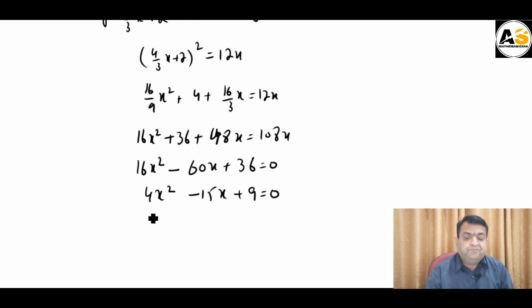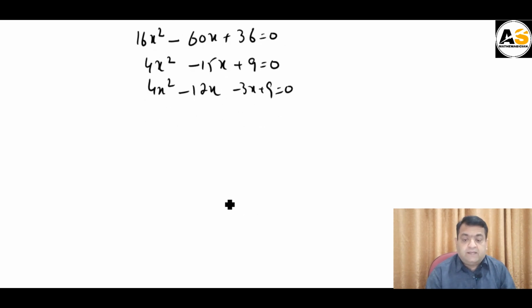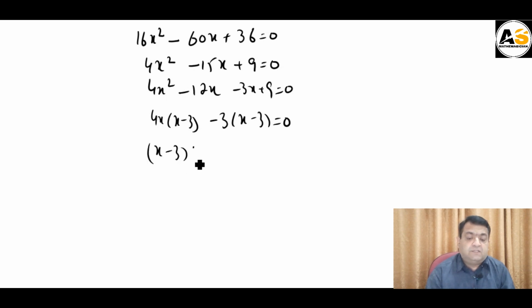4x square minus 12x minus 3x plus 9. I am splitting the middle term to calculate the two values of x. 4x into x minus 3 minus 3 into x minus 3 is equal to 0. x minus 3 into 4x minus 3 is equal to 0. I will get two values of x.